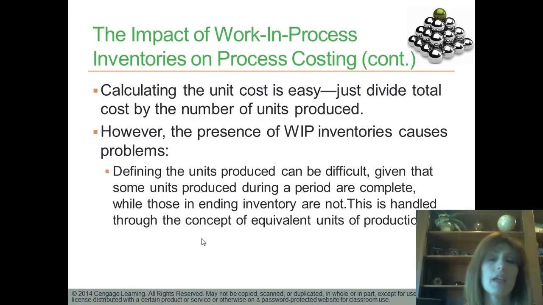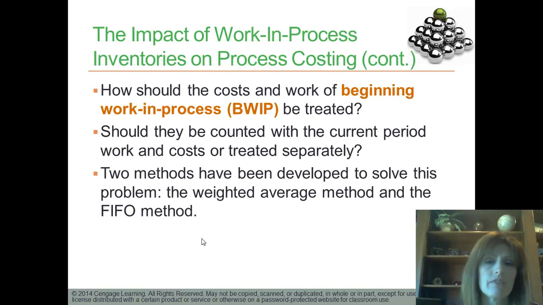In other words, we have some stuff that we've put cost into but haven't completed yet, and I still need a unit cost per unit when I'm done in order to price and make strategic decisions and everything else. So the question is, what do I do with that partially completed stuff? How should the beginning work in process and the ending work in process be treated?